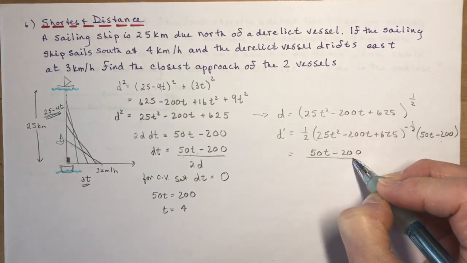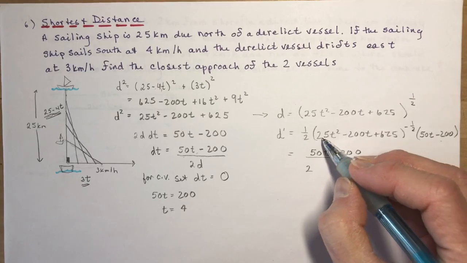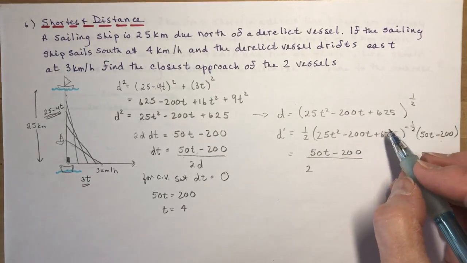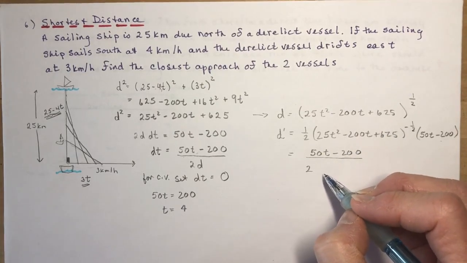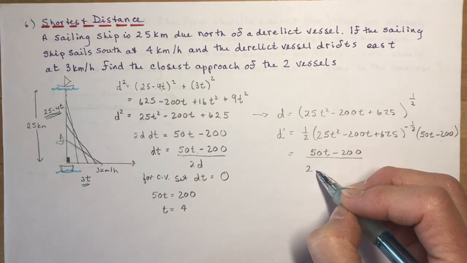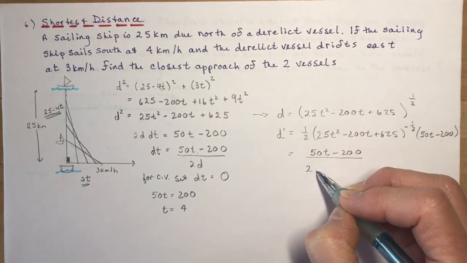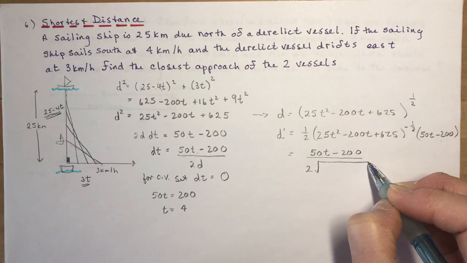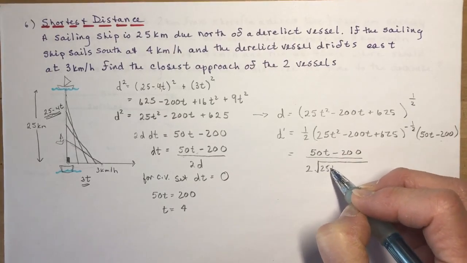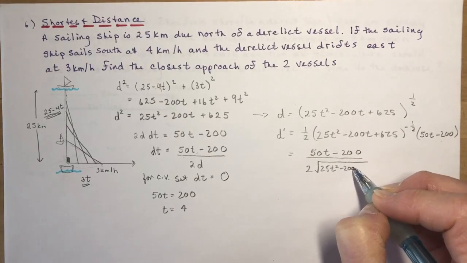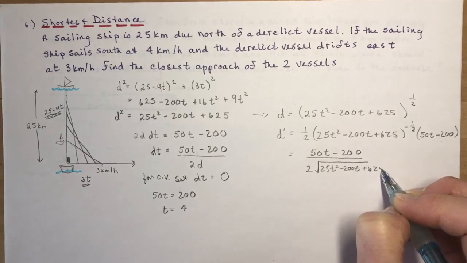And in the denominator, I have the 2, and I have this whole thing to the half power. So that gives me, I guess I can write it as the square root of 25t squared minus 200t plus 625.